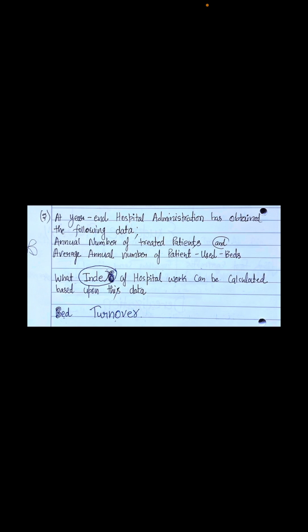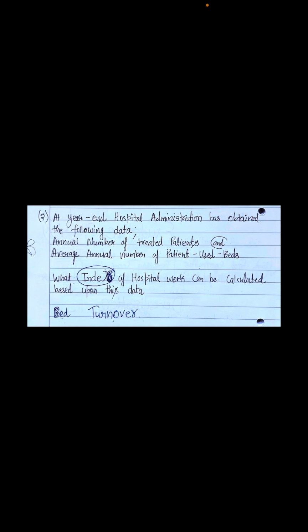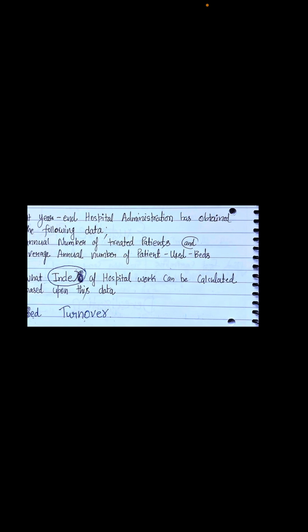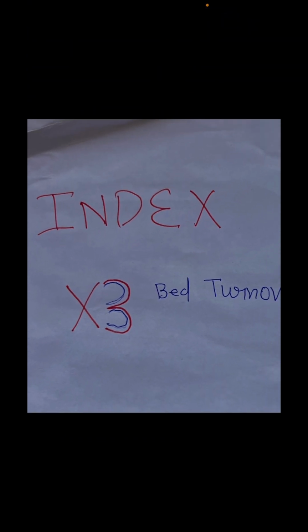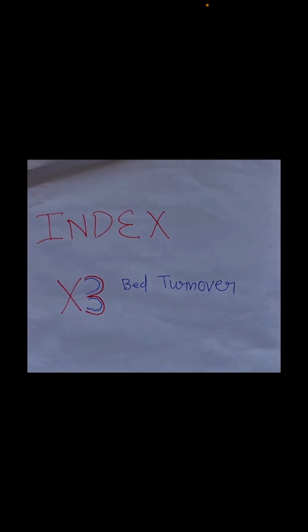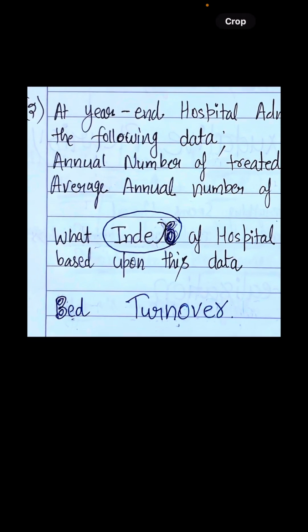I have made a technique for it so that you don't mark it incorrectly. When you see the word index, we can make a B with the word X. So the answer starts with B.